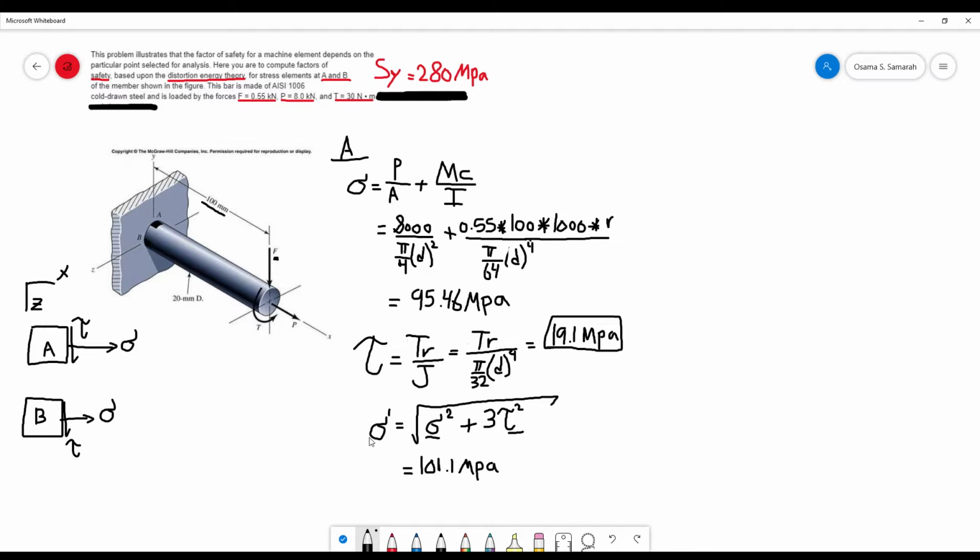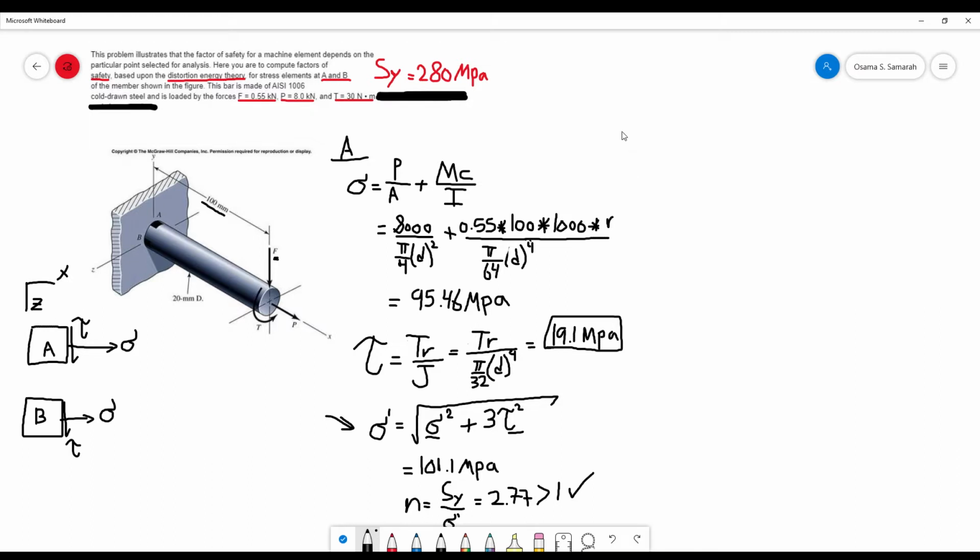Remember, this is a simplified version of the von Mises stress because this is a plane stress problem. If you want to calculate the factor of safety, N is going to be yield strength over von Mises stress, and this is equal to 2.77, which is larger than 1, so failure will not occur.